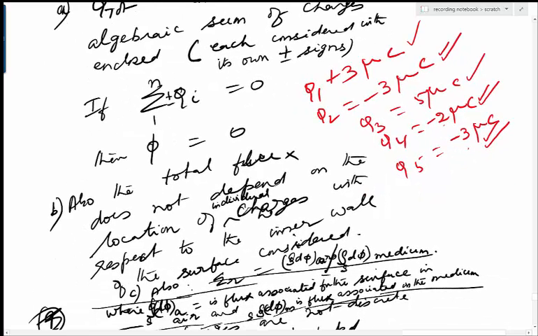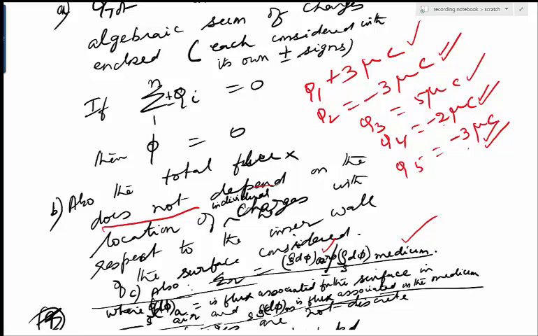Also, the total flux does not depend on the location of the individual charges with respect to the inner wall of the surface considered. And epsilon r is equal to the total flux in air by flux in medium. That gives you the third definition. We saw it in terms of electrostatic force, and in terms of the electric fields at the same point and the same source charge.